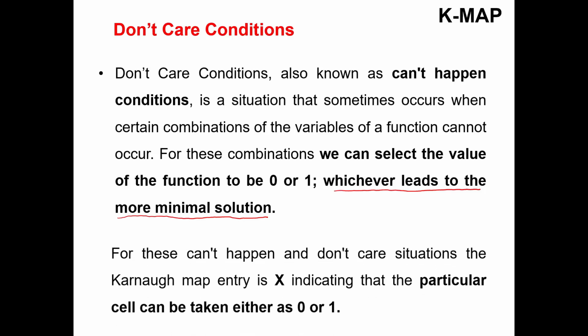For these cannot happen and don't care situations, the K-map entry is a cross or X, indicating that the particular cell can be taken either as 0 or 1, whichever leads to the more minimal solution.